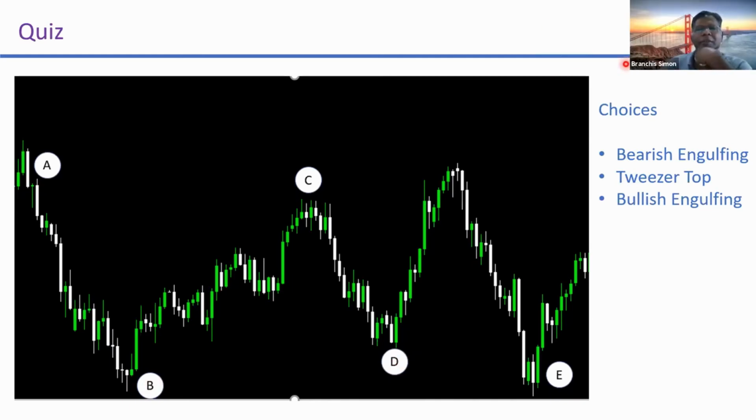Yeah, I think both B and D seem to be more promising. B and D. Yeah. Okay. How about E? Do you think E is a bullish engulfing?